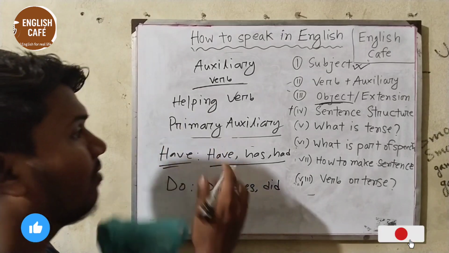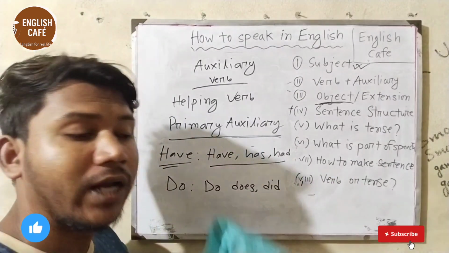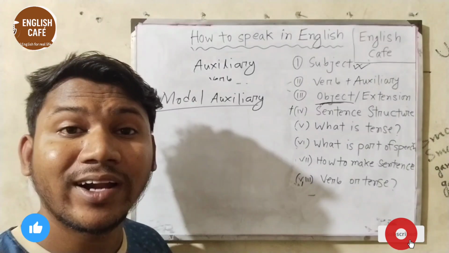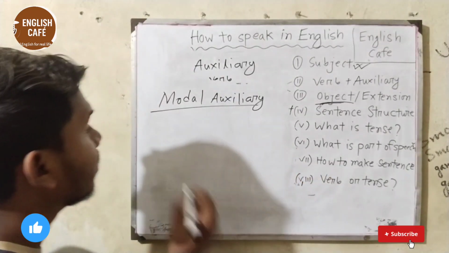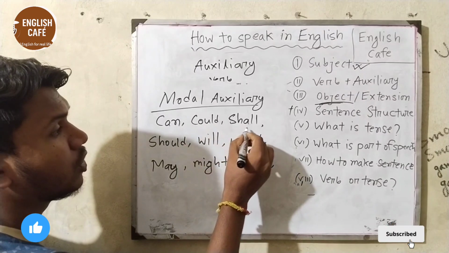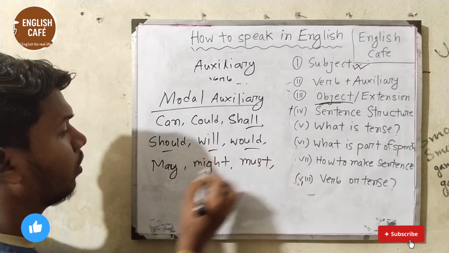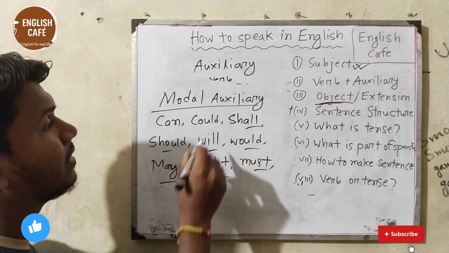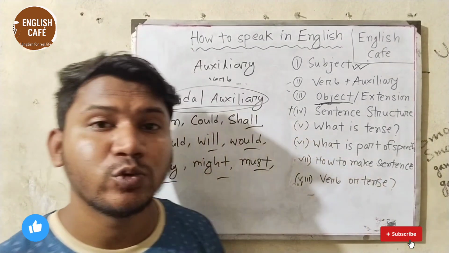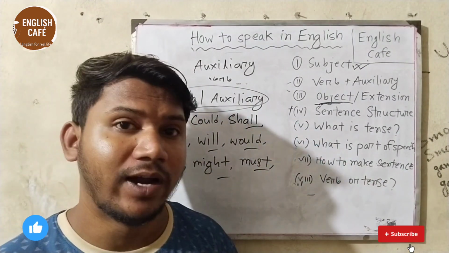So we have covered the primary auxiliary verbs. Now we need to know what are the modal auxiliary verbs. So we can write can, could, shall, should, will, would, may, might, must. These are known as the modal auxiliary verbs. And thus we have covered all auxiliary verbs.